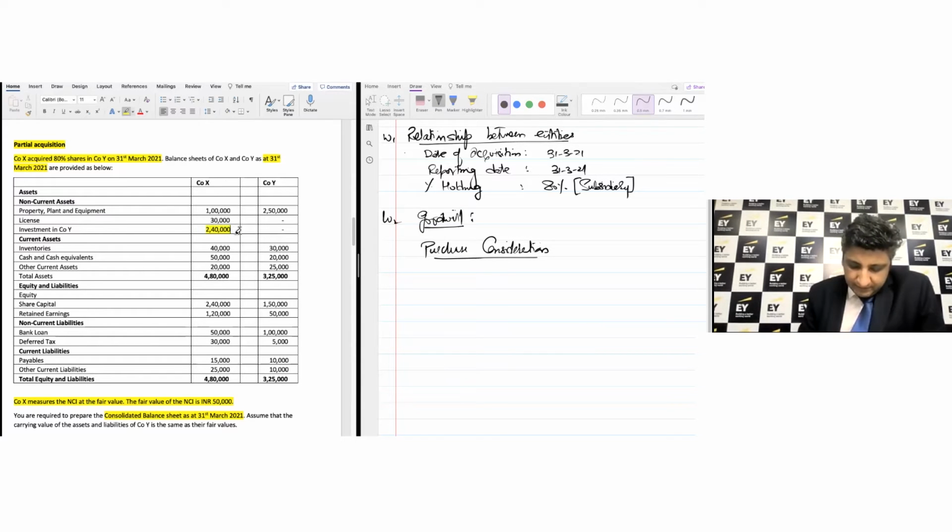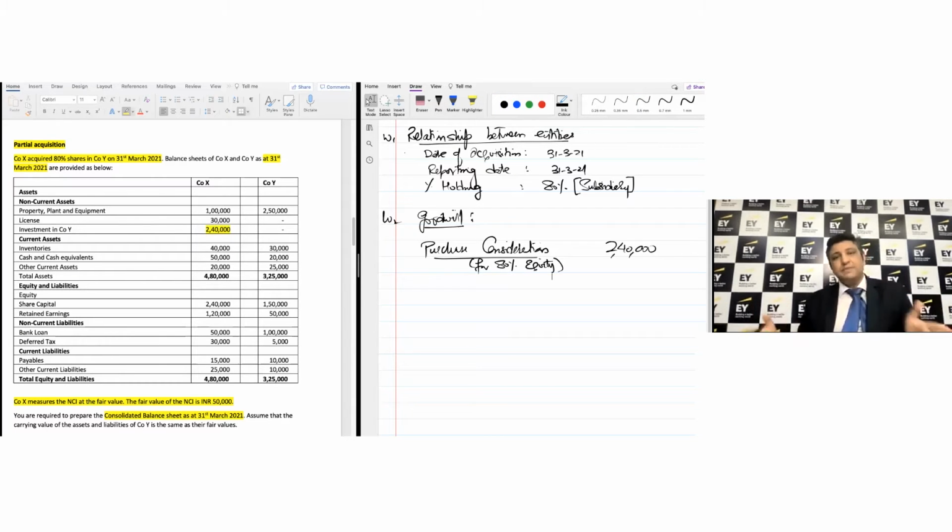Well, we have the answer, 2,40,000, given in the balance sheet. But this is for 80% equity. You are acquiring 80%, so for 80% you are paying 2,40,000.